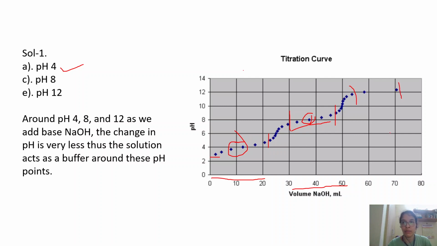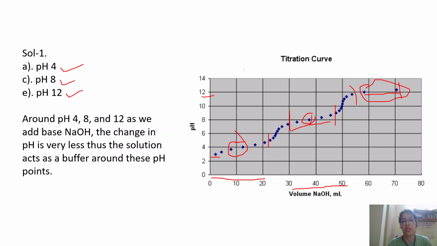For pH 12, on this line, we added 10 ml, but the pH change is maybe from 12 to 12.1 or 12.2. So this is also a very good buffering range. That is why the answer is 4, 8 and 12.